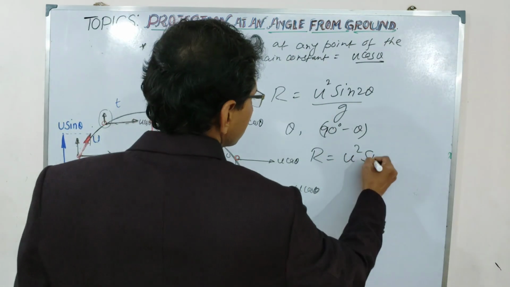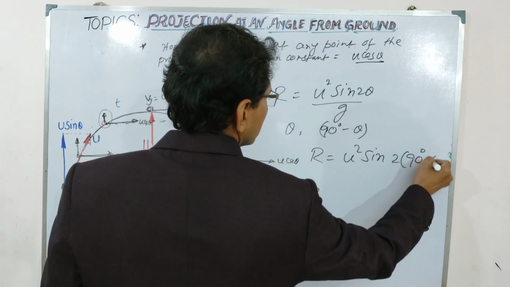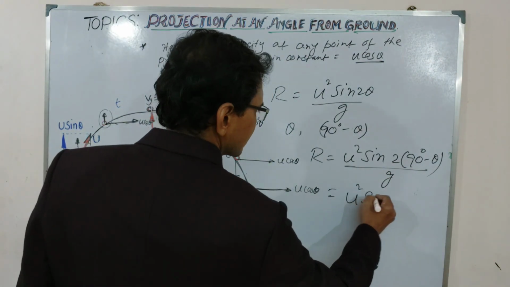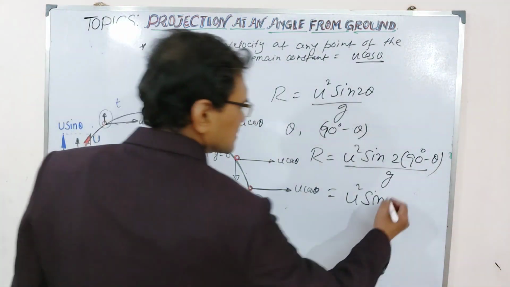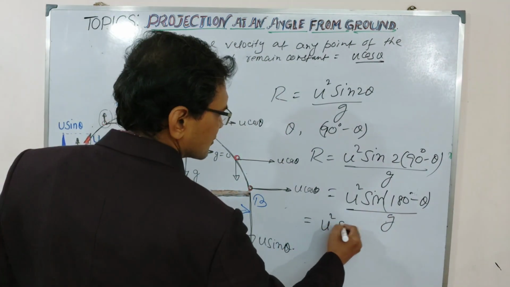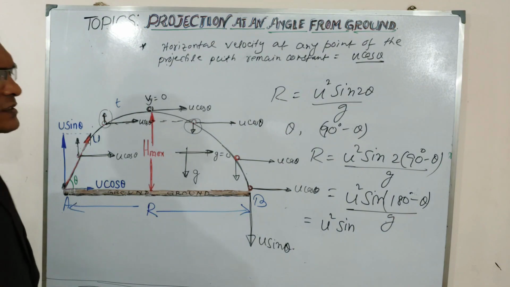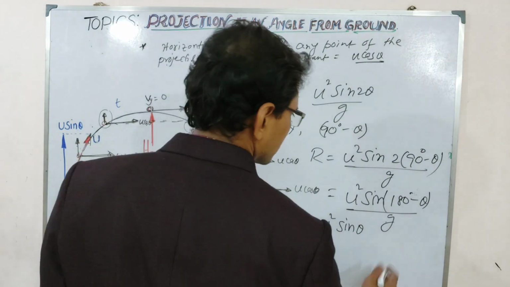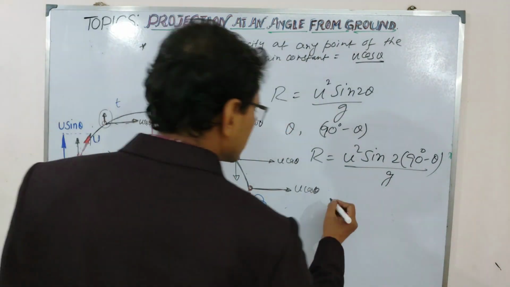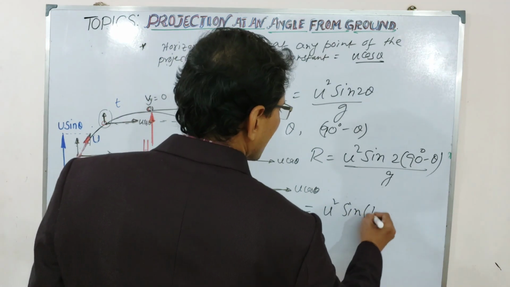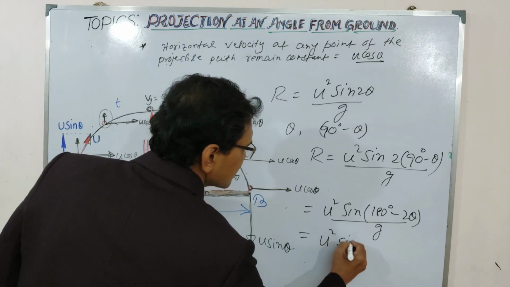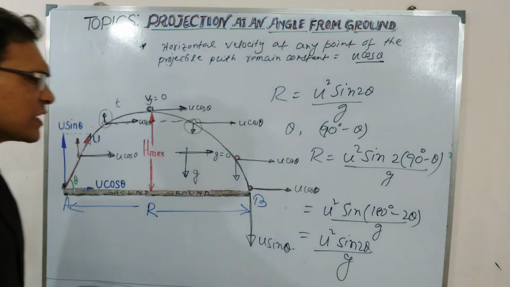Range will be u square sin 2 into 90 minus theta by g, equal to sin 180 minus 2 theta by g, because sin 180 minus theta equal to sin theta.